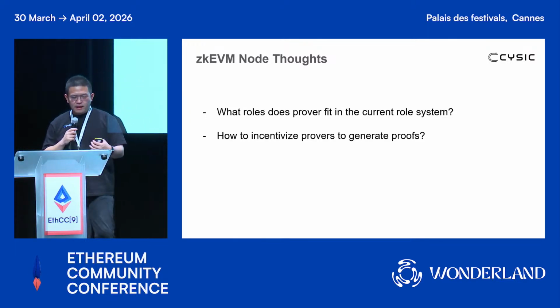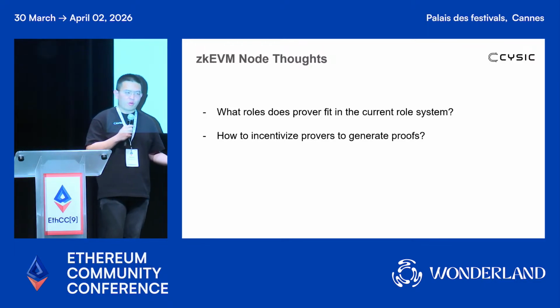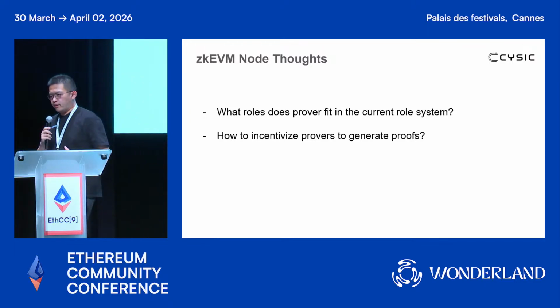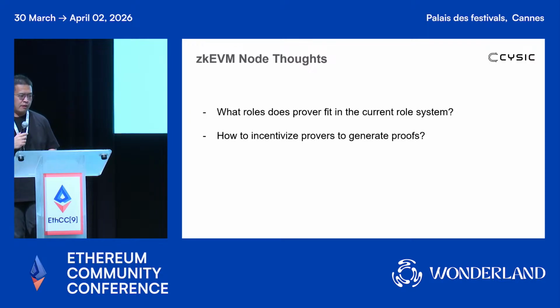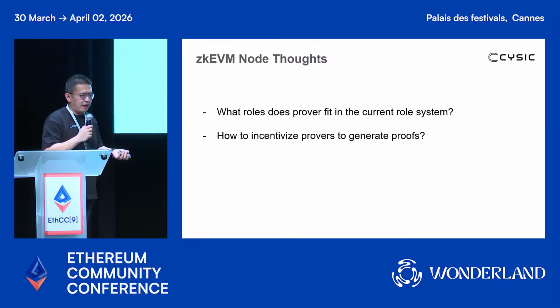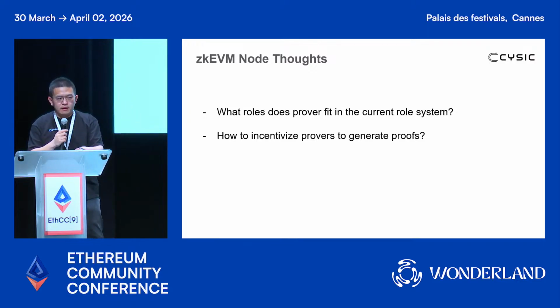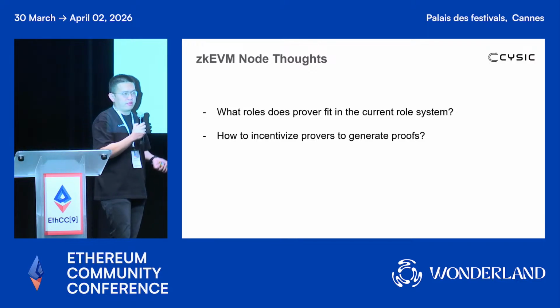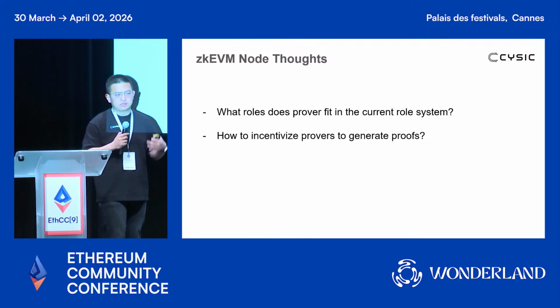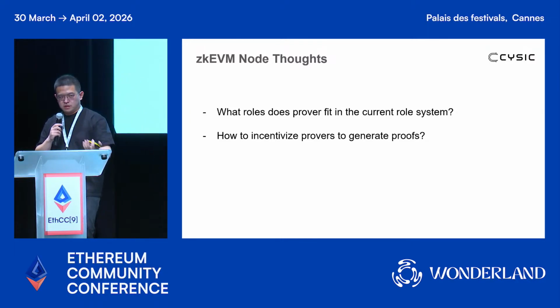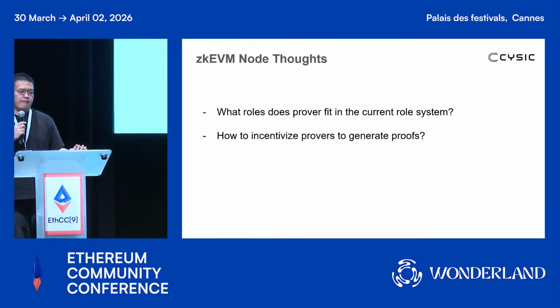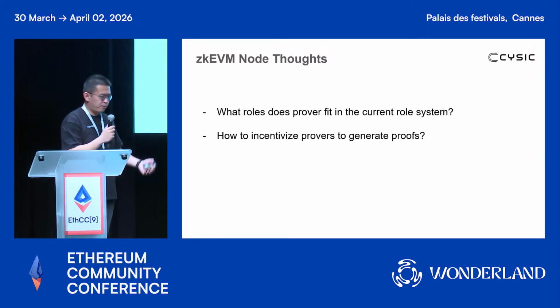The first one is what role the provers will fit in the general Ethereum roles. Will it be a separate role, or will the relayer be the one to do the proof, since the relayer can see the blocks and will probably choose the blocks with the most gas to do the proving?